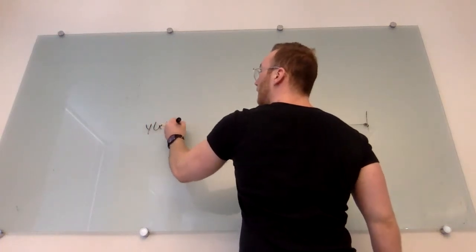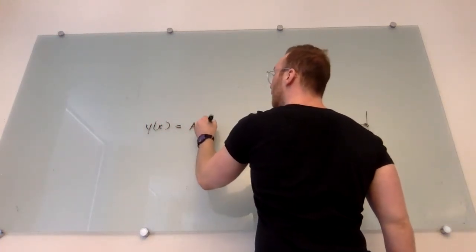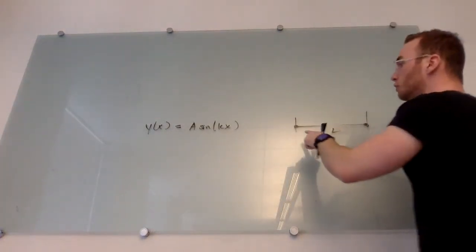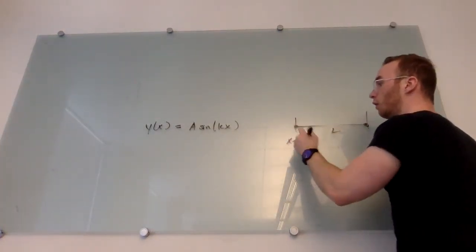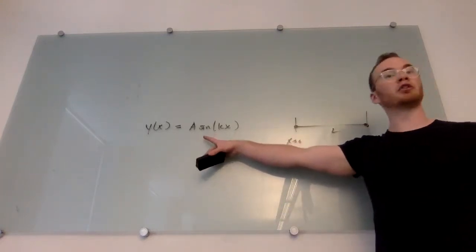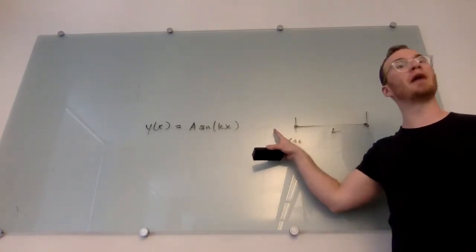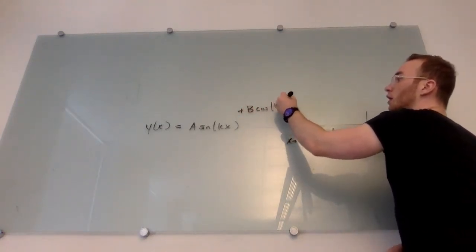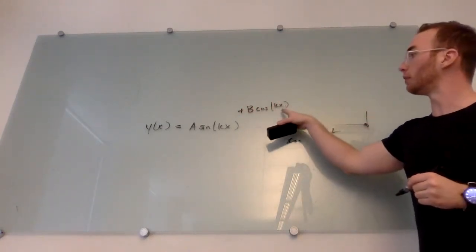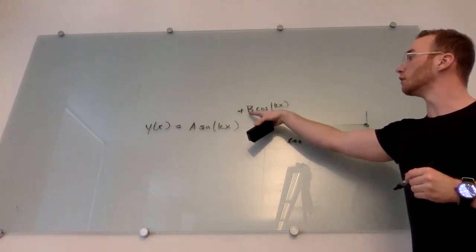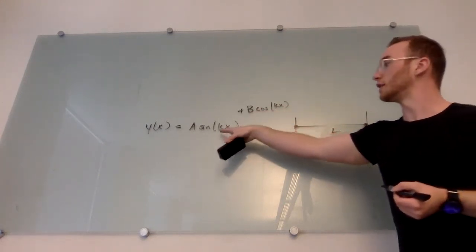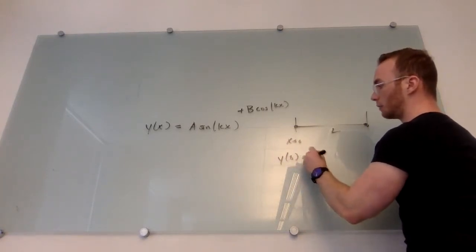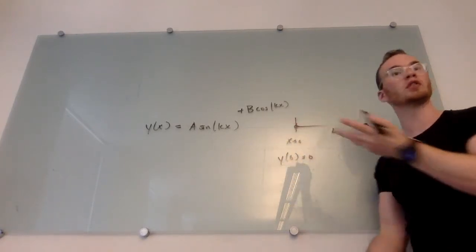I'll just call it y of x equals a times sine kx, right? And you need that at x equals 0, it's 0. That's all automatically true by sine. If I wrote cosine, plus b cosine, then at x equals 0, if I plug it in, this gives me b and this gives me 0, and of course I need y of 0 to be 0 because the height is fixed at this point.